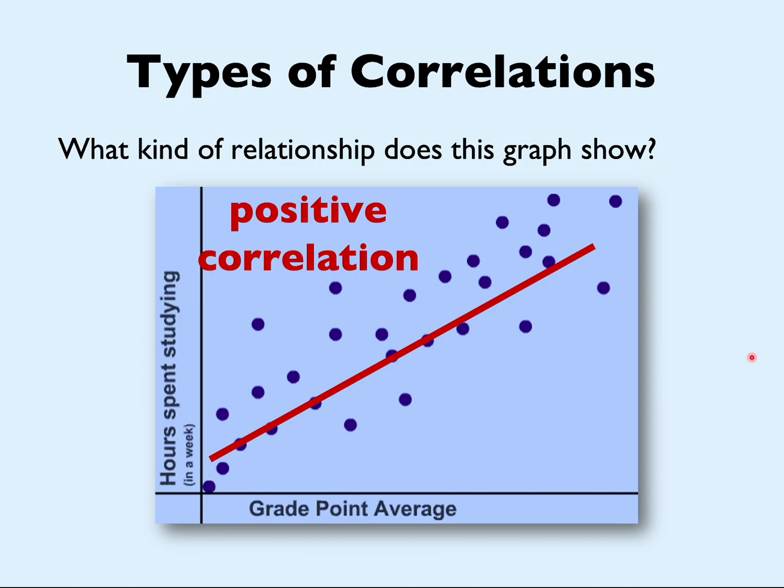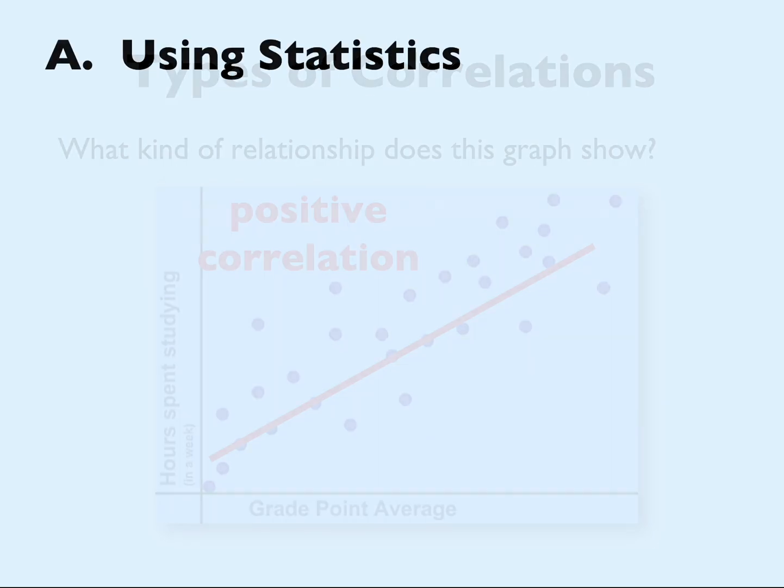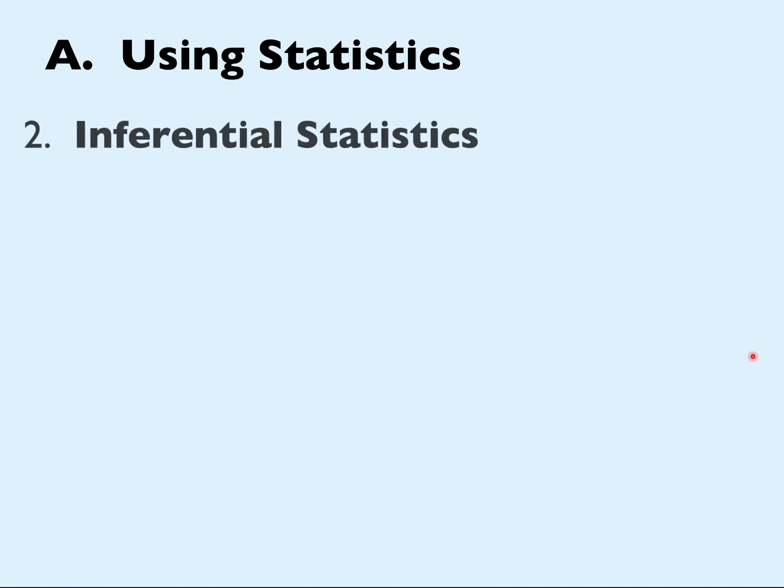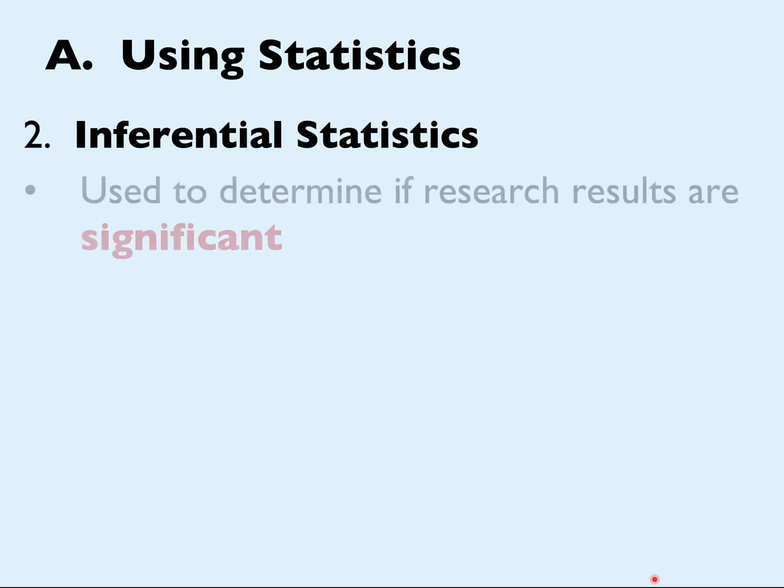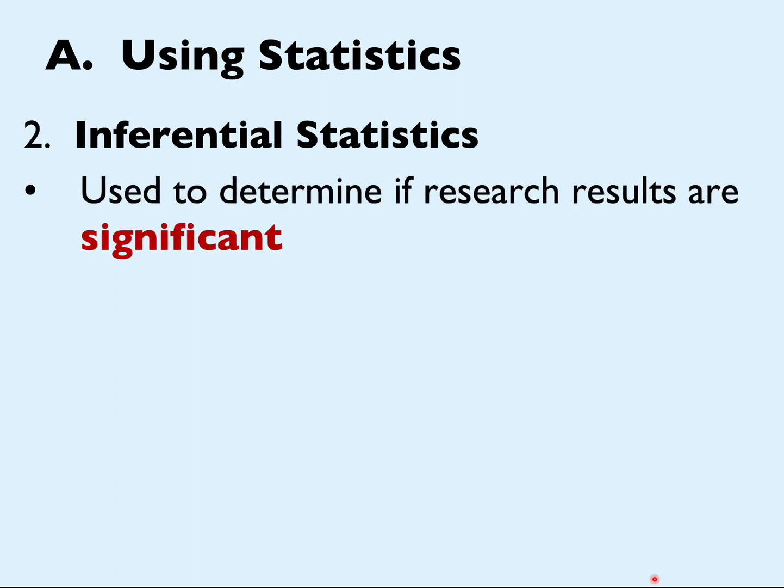All right. So those are the descriptive statistics. They tell you what's going on in your data. But there's a whole other type of statistic that psychologists use all the time, and these are known as inferential statistics. And they do something different. They tell you whether or not your results are significant.